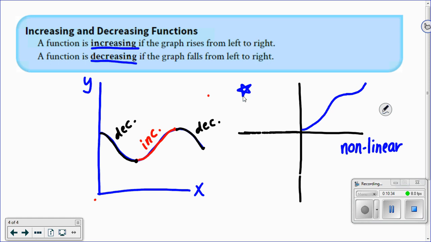Even though it's got these curves in it, it's still always going up towards the right. It starts increasing at a slower rate here, and then it picks up and starts increasing at a faster rate here. So even though it's curved, that would still completely represent an increasing function.